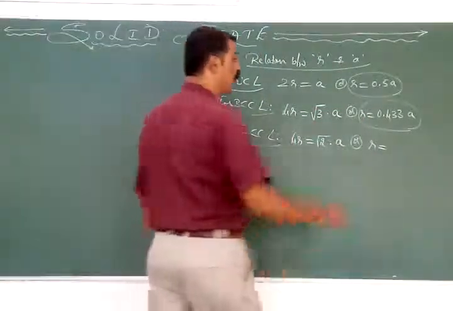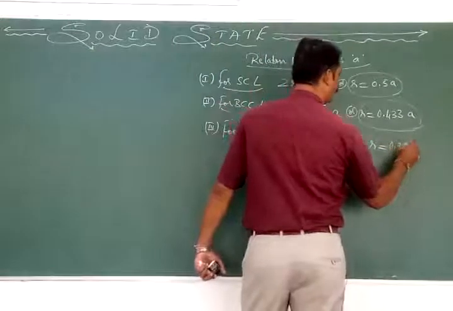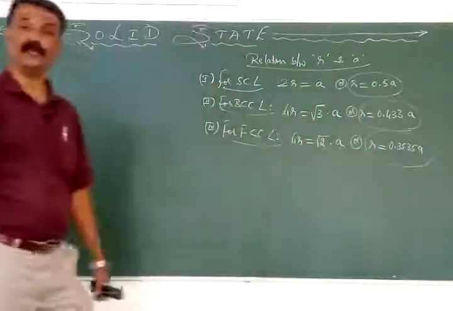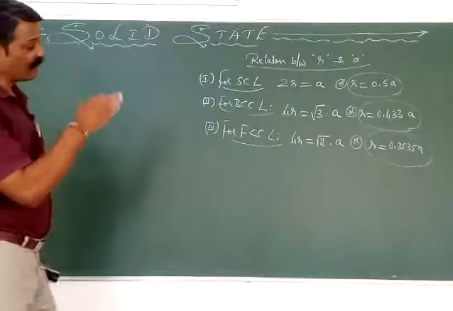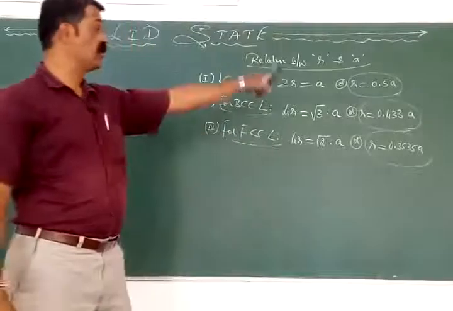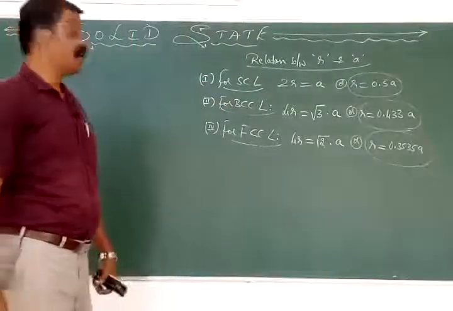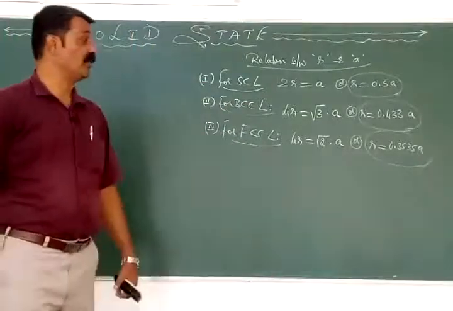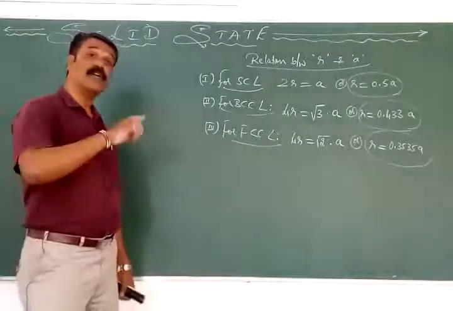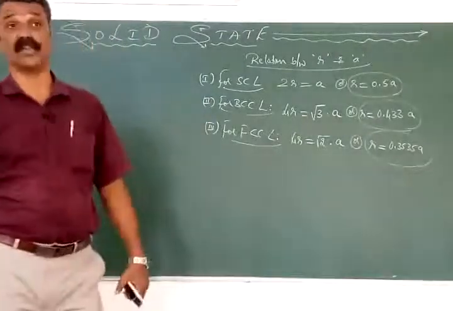If I simplify that, it becomes 0.3535 times A. Those are the three different results that you have to remember for SC, BCC and FCC. R is equal to 0.5 times A for the SC lattice, R is equal to 0.433 times A for the BCC lattice, whereas R is equal to 0.3535 times A for the FCC lattice.